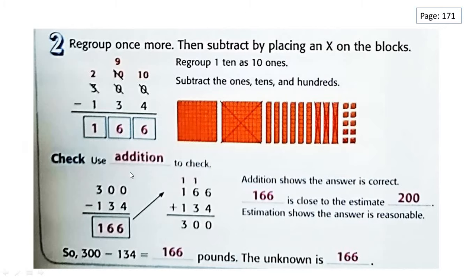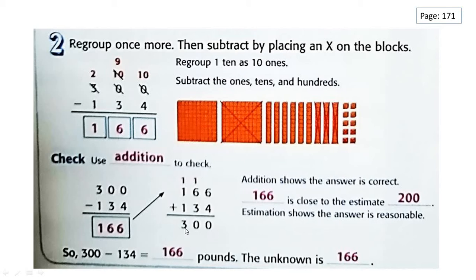Let's see. 166 plus 134 is equal to 300 actually, because 6 plus 4 equals 10, so 0 here and 1 here. 6 plus 1 plus 3 is equal to 10 also, so 0 here and 1 in the hundreds, and 1 plus 1 plus 1 equals 3, so the sum is 300.